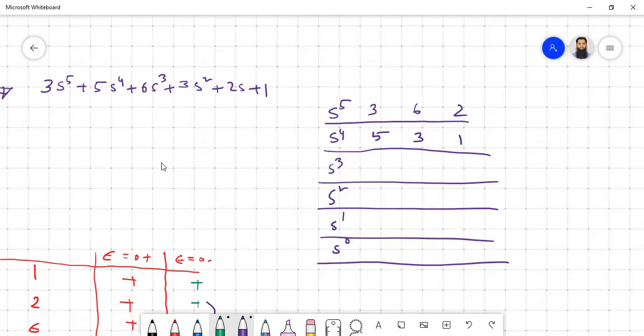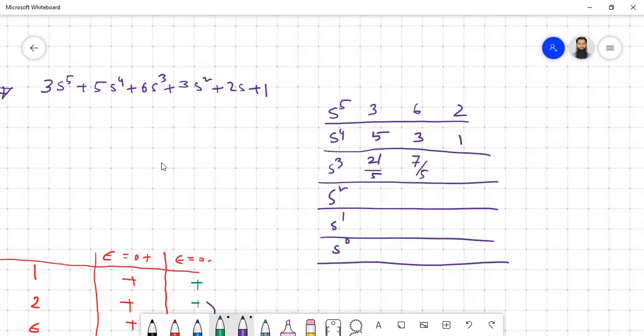Now, if you multiply again from the table, 5 into 6, 30 minus 9, that is 21 divided by 5. So 21 divided by 5. Then 5 into 2, that is 10 minus 3, so 7 divided by 5.